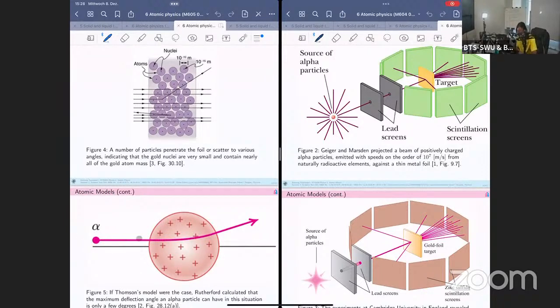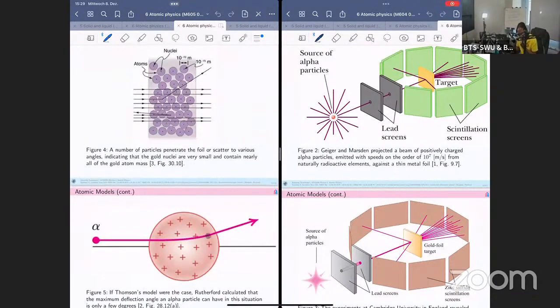And an alpha particle is a positive charge, and when a positive charge moves with momentum and speed like this, of course, once it enters this area, positive charge and positive charge would result in a pushing force, right?